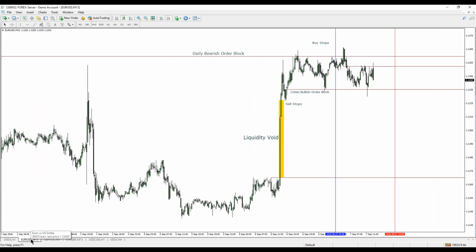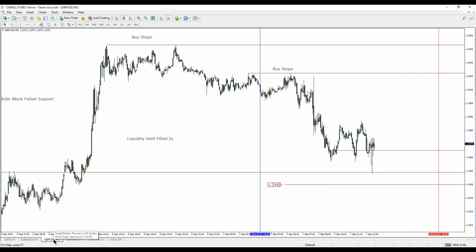Take one more quick look at euro. Yeah. Bearish order block. Yeah, I don't know what we're going to see today, so we're just going to wait for the rate announcement and see what gives.